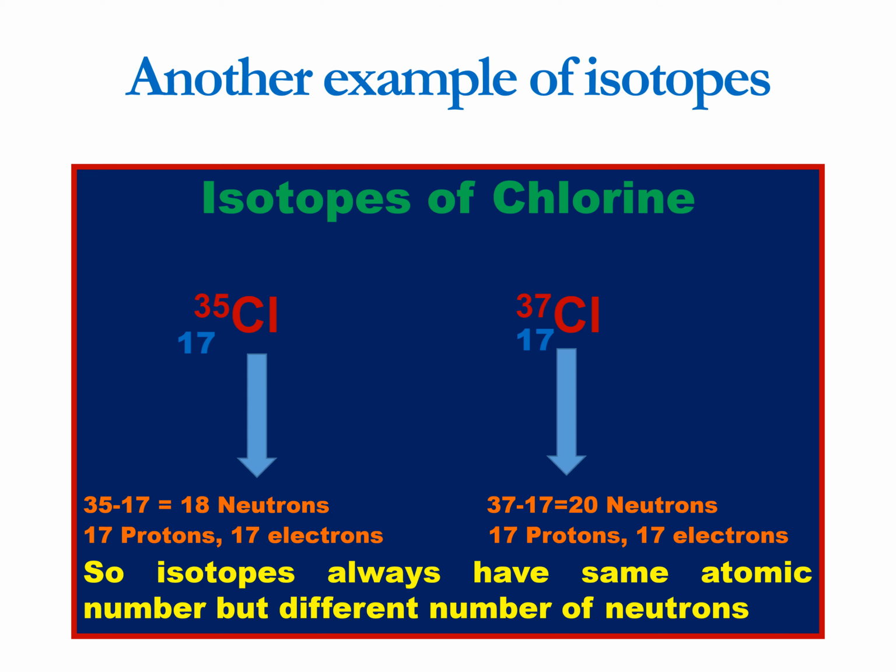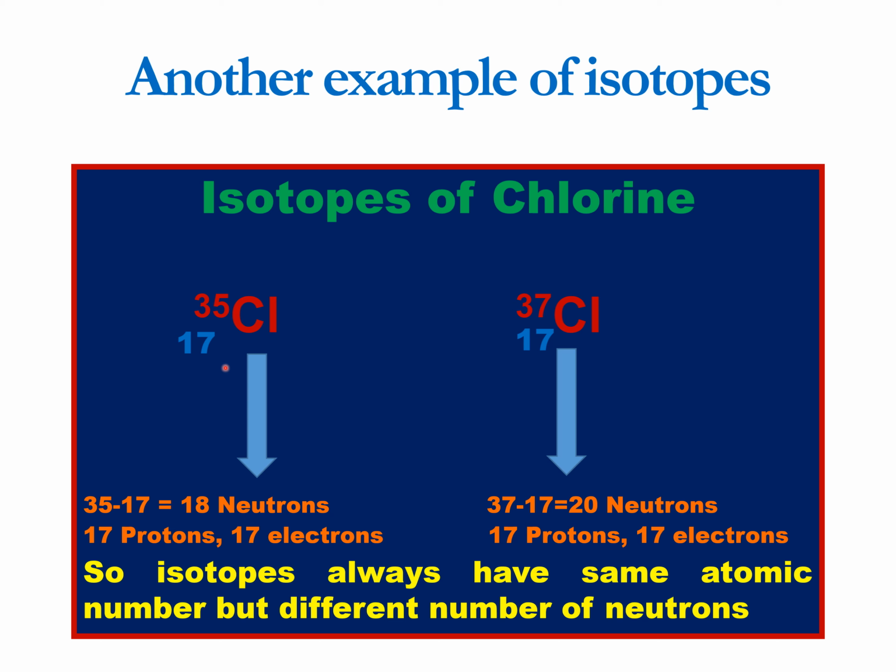Another example is isotopes of chlorine. One isotope is chlorine-35 and another is chlorine-37. Each has an atomic number of 17, so that's why they are isotopes. They have the same atomic number but different mass number. Chlorine-35 has 18 neutrons, since 35 minus 17 is 18.